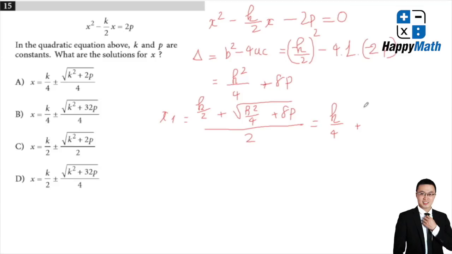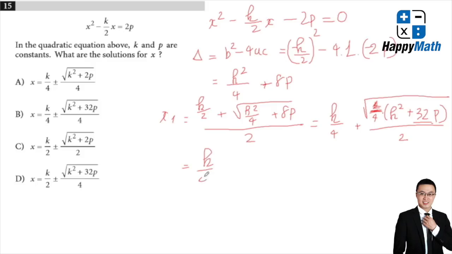When I want to put 1 over 4 outside, k squared inside the bracket, and the coefficient for p here is 32, not 8 anymore, because the 1 over 4 will be outside this bracket, and 32 divided by 4 equals 8p. So when I take the factor 1 over 4 outside the bracket, you have to change this number, and here is 2.